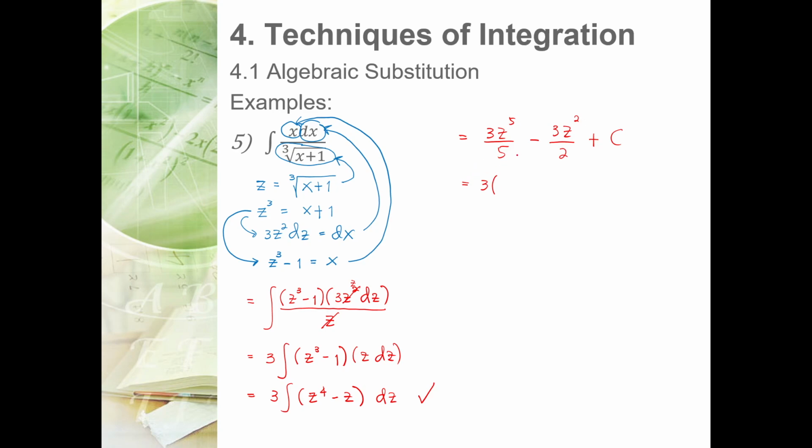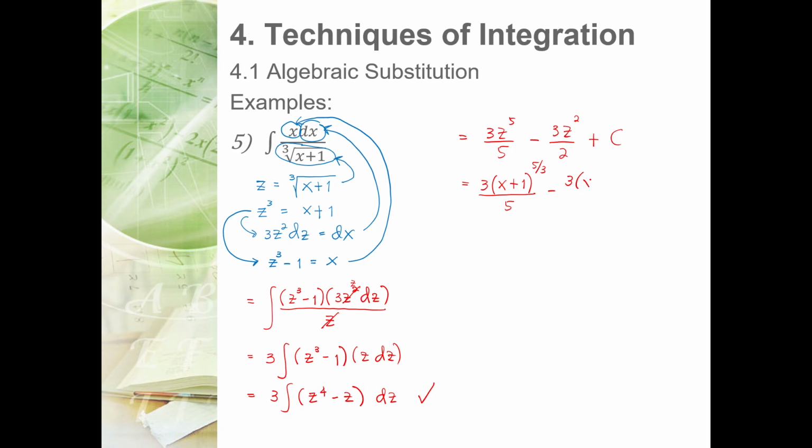So instead of cube root, I write it in this manner: x plus 1 to the 5 thirds. Of course, whichever suits your taste, I will still accept the correct answer. It's just my style of writing radical expressions.